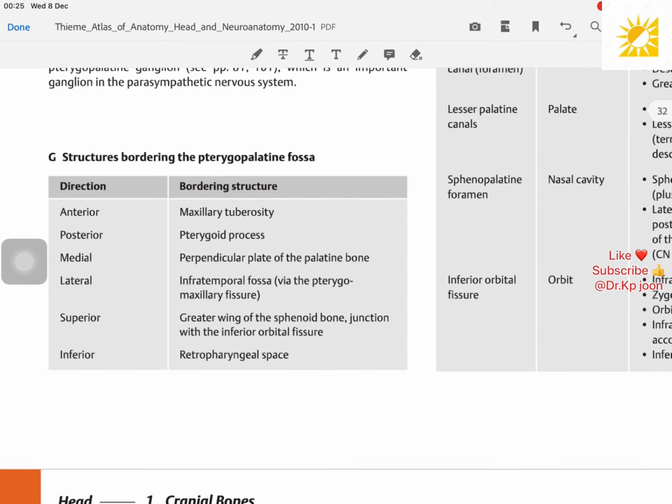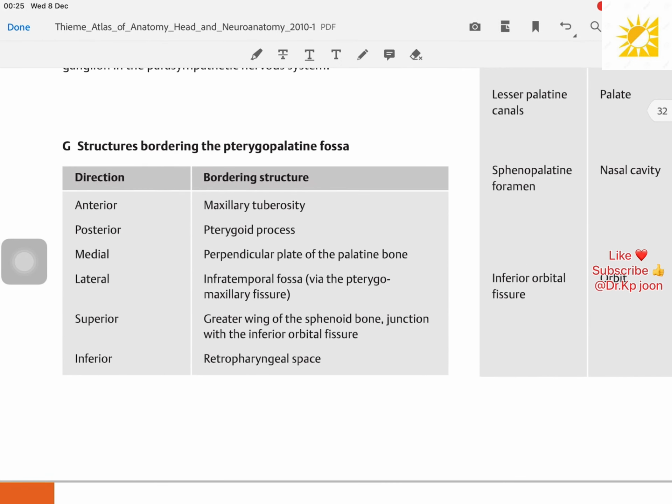If we talk about this table, it shows the structures bordering the pterygopalatine fossa by direction. Anterior is the maxillary tuberosity, posterior is the pterygoid process, medial is the perpendicular plate of the palatine bone, and lateral is the infratemporal fossa via the pterygomaxillary fissure.